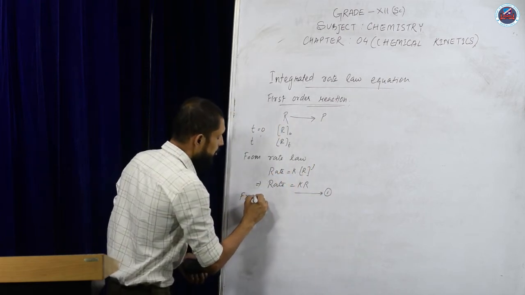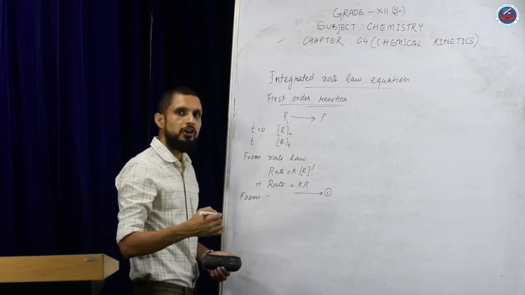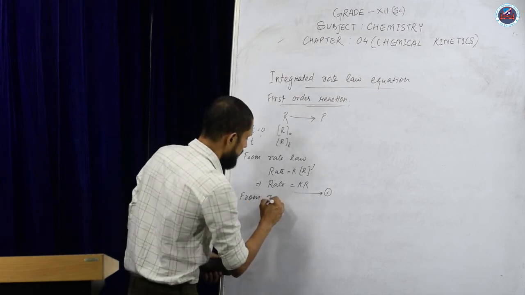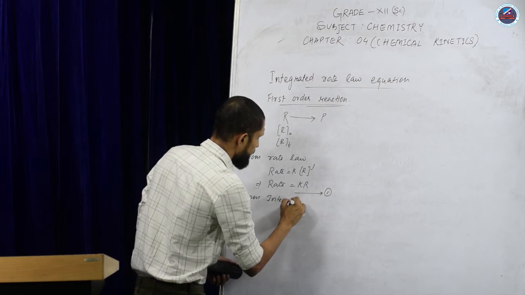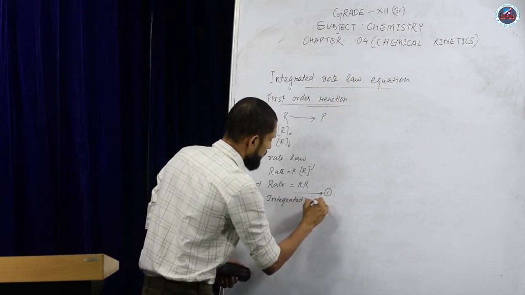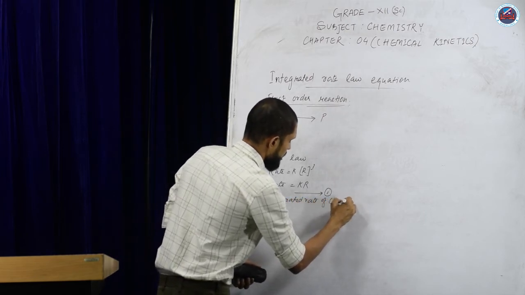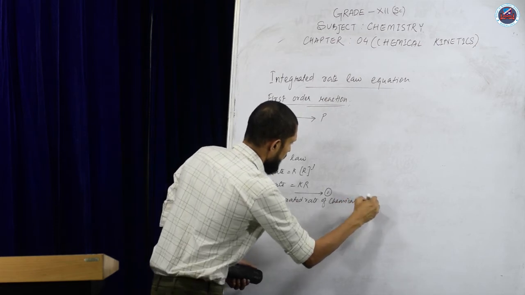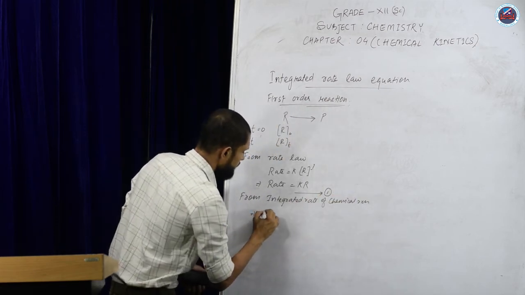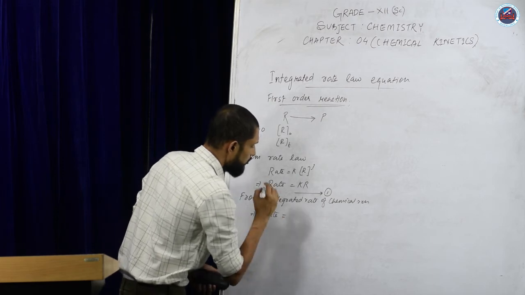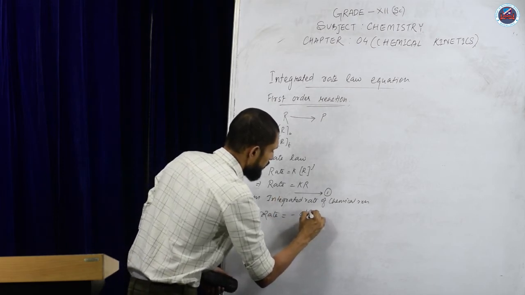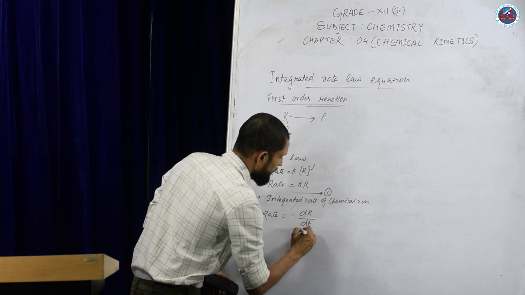Again, from the integrated rate of chemical reaction, we get rate is equal to minus dR by dt.